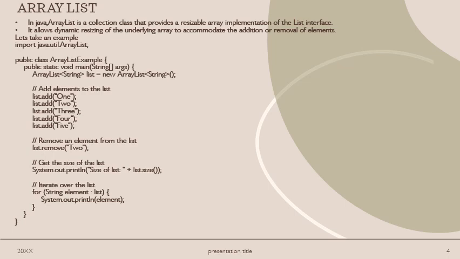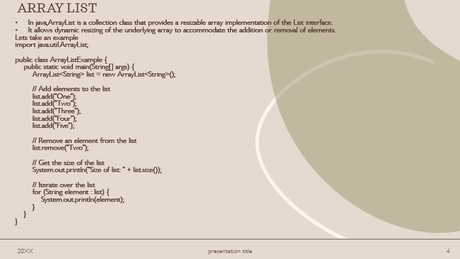Then we move to the main function, that is public static void main. Then we create an ArrayList of type String, which is mentioned in the angular brackets, and we create an object for that ArrayList class. The name of the object is list, using the new keyword.